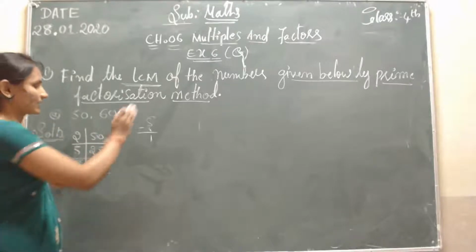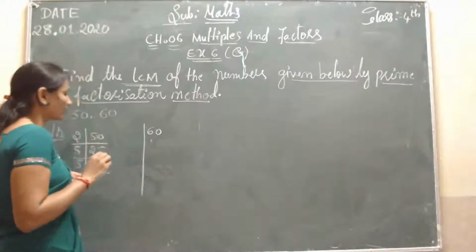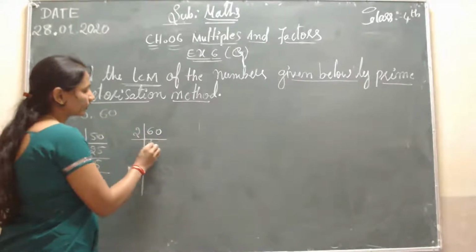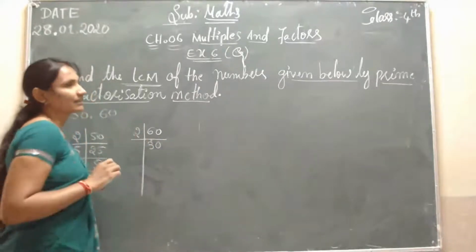Next, what is the next number? It is 60. First take the smallest number, 2. 2 threes are 6, and 0 stays, because 2 thirties are 60.